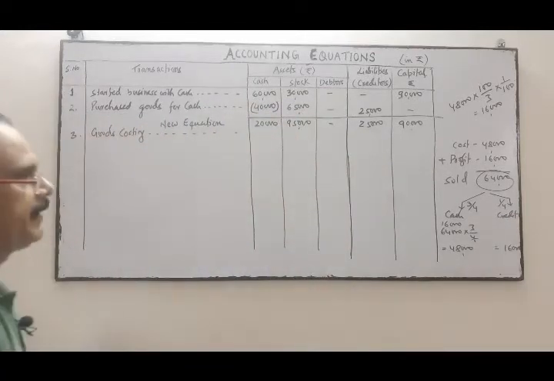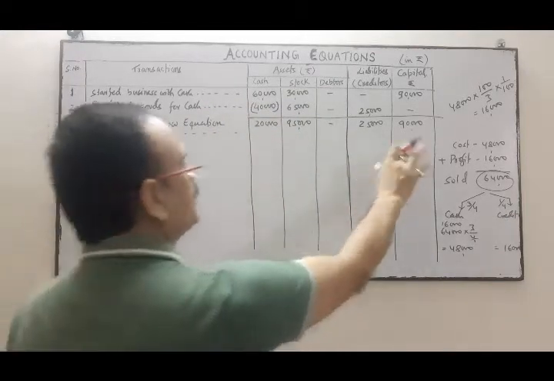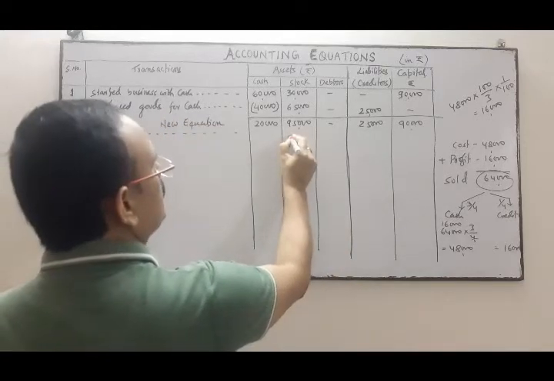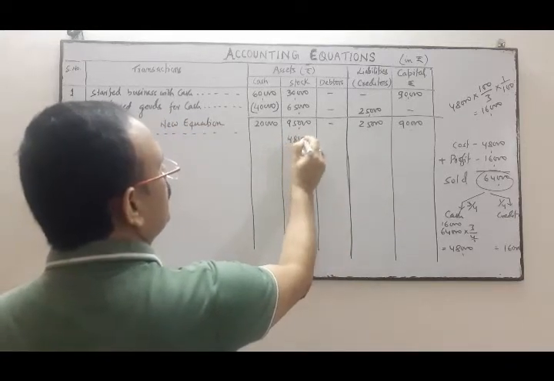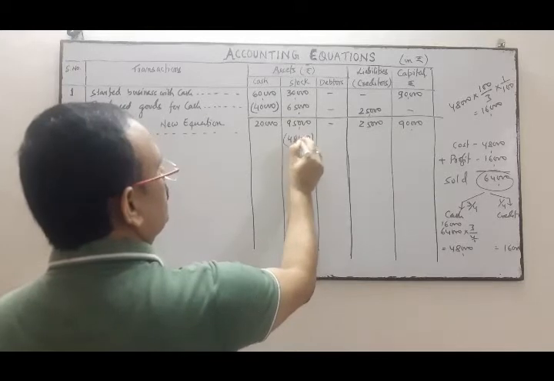So now see the effect. Goods costing rupees 48,000 sold, so stock will reduce by 48,000.